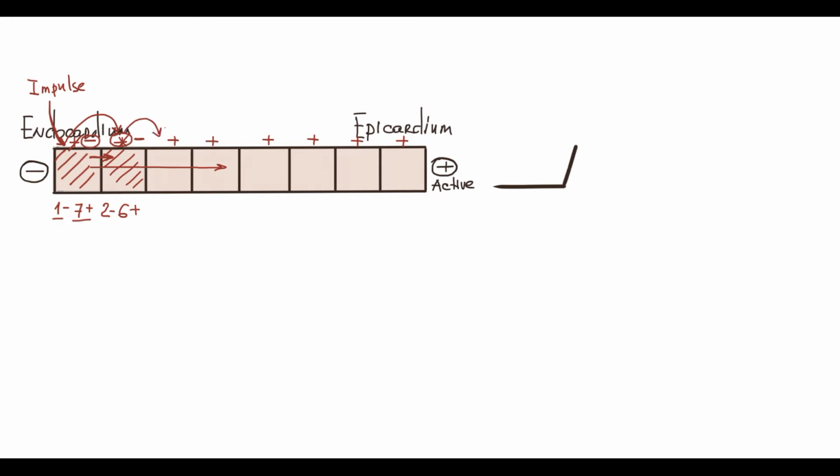Third cell depolarized, the charge became negative. Now there are 3 negatively charged cells and 5 positively charged cells. The vector of depolarization increased due to the increase in difference in electric potentials, and the active electrode depicts this as an increase in elevation from the isoelectric line.